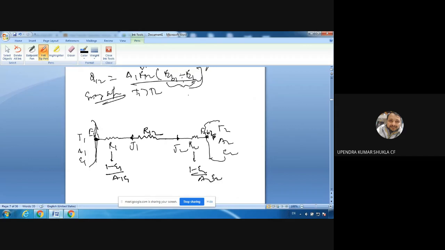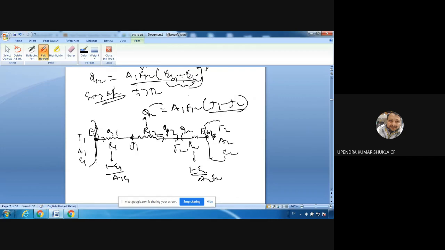Now if you want to find out Q12, the heat from J1 to J2, here the heat is Q1 and here the heat is Q2. So this Q12, just like EB1 minus EB2, here it is J1 minus J2. So we will write it as A1 F12 times J1 minus J2.